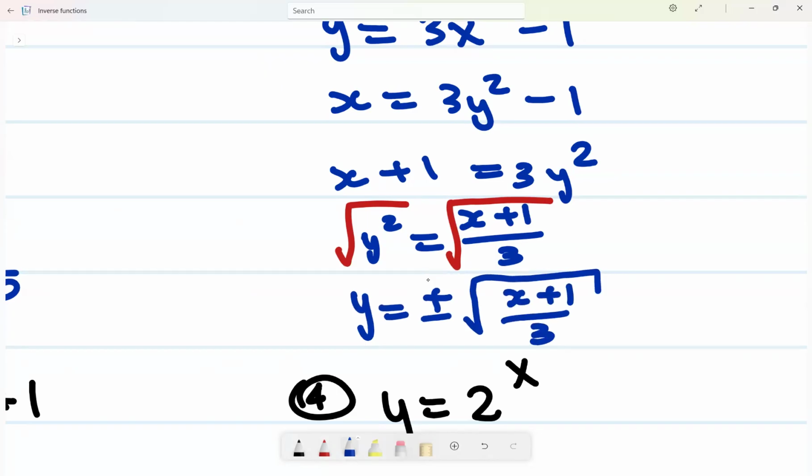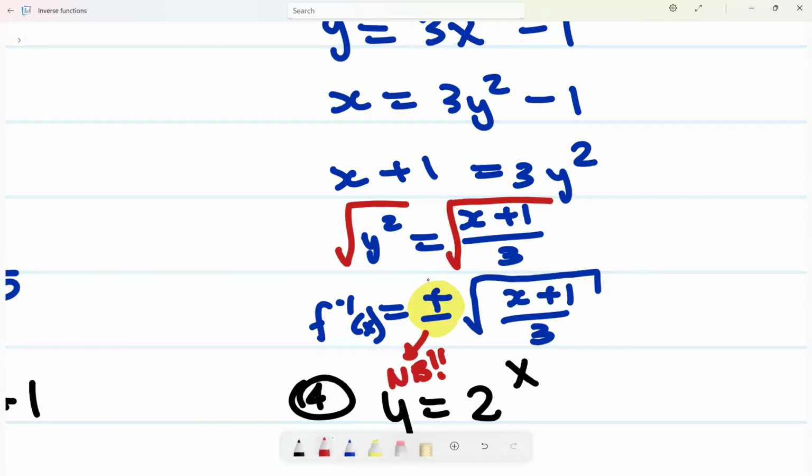We're going to talk more about that plus or minus further down. For now, let's just leave it. Then please convert this to inverse. It is equal to plus or minus square root of x plus 1 divided by 3. You forget this, you are out. Very, very important.